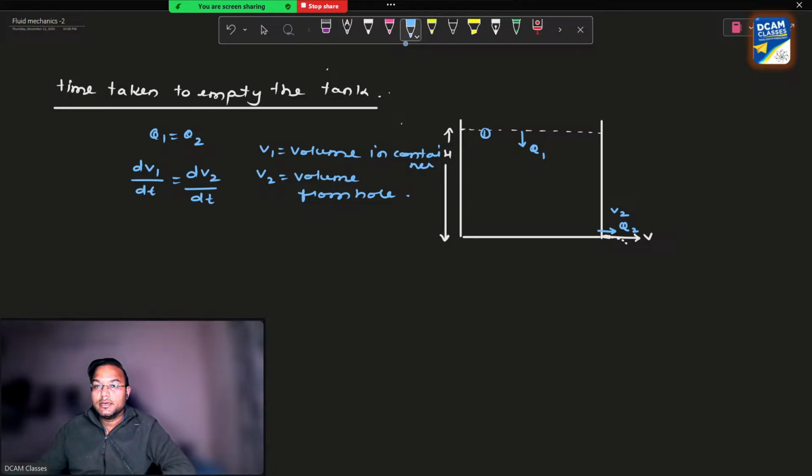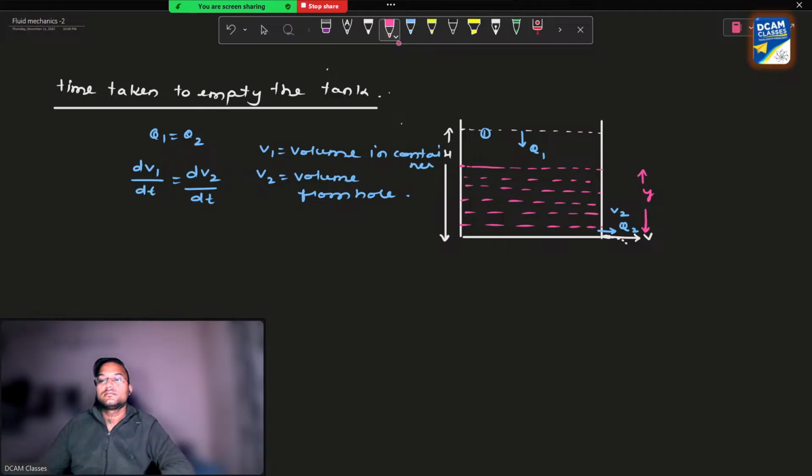Now what I am taking, because initially it was at a height H, but I'll take a case when this liquid is at a height of y from the bottom. So dV1 by dt is equal to dV2 by dt. Now I'll be taking the motion here.